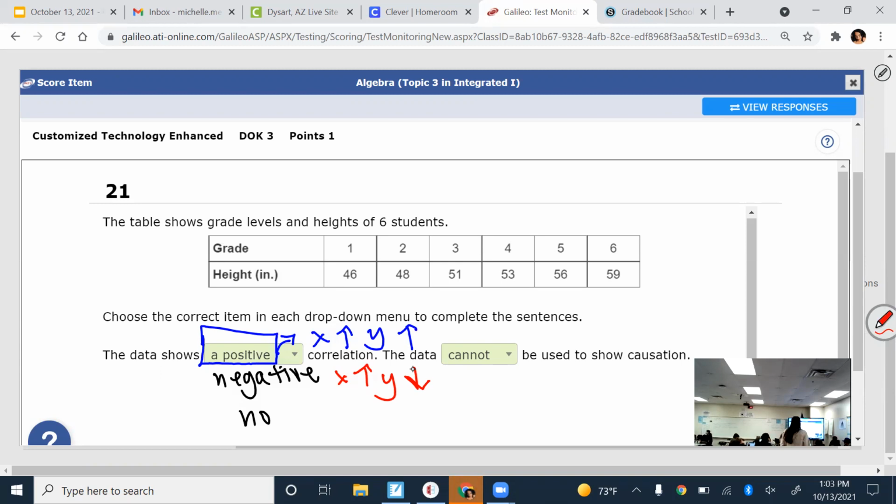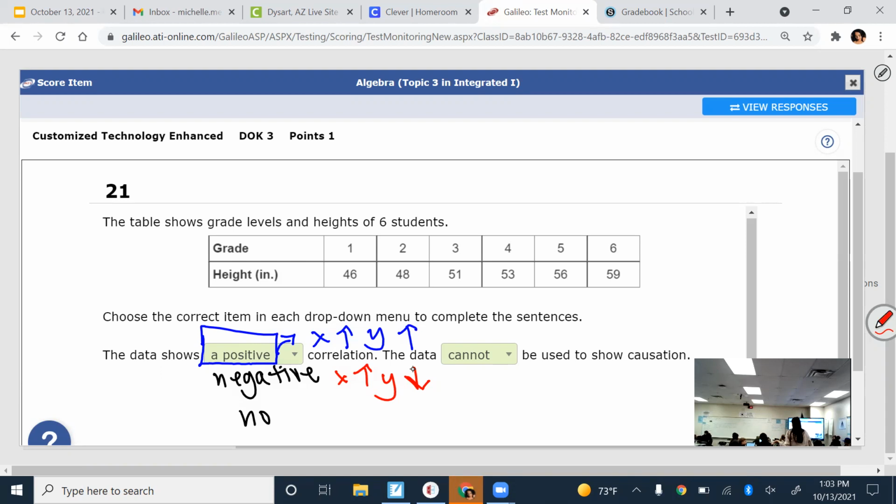For whether or not it can or cannot show causation, can I ever really show causation? No, not unless I'm like a scientist and I do a bunch of studies over a long period of time to show that this cannot be caused by anything else, like the sun causing sunburns. All right, nothing else causes that, so there's causation there. But for this situation, like grades and height, it's not your grade that causes you to grow.